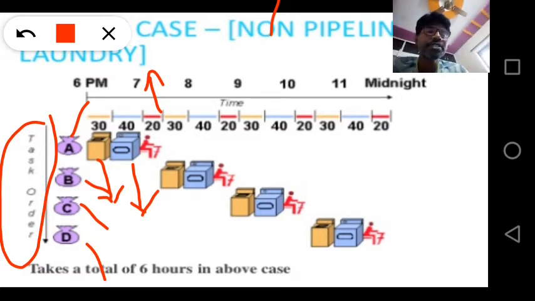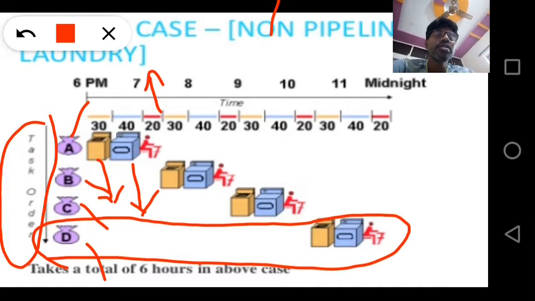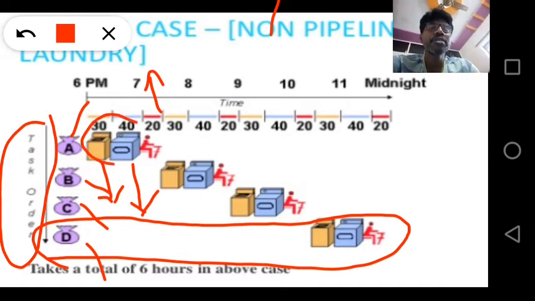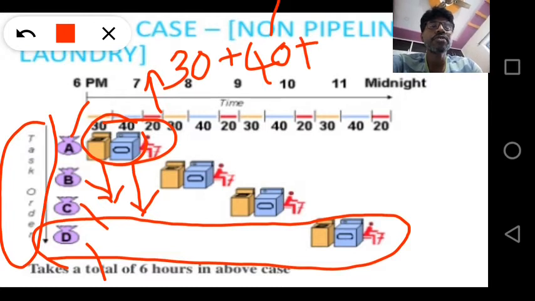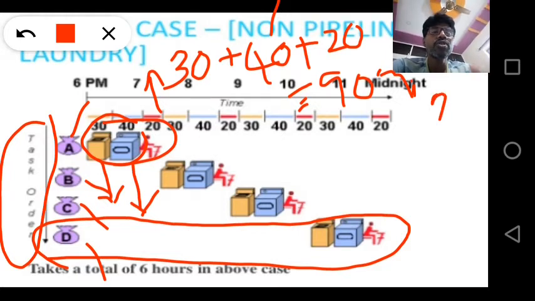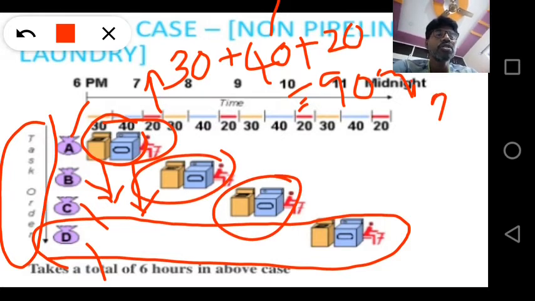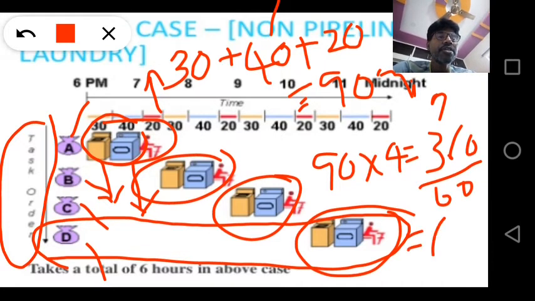In general, if there is no pipelining, 30 minutes for washing, 40 minutes for drying and 20 minutes for folding, so a total of 90 minutes is required for one load. For 4 loads, how much time is required? 90 multiplied by 4 is 360 minutes, divided by 60, that is 6 hours.